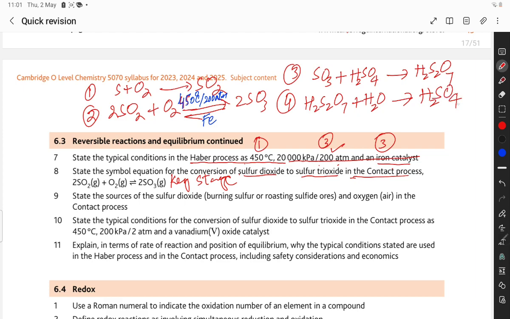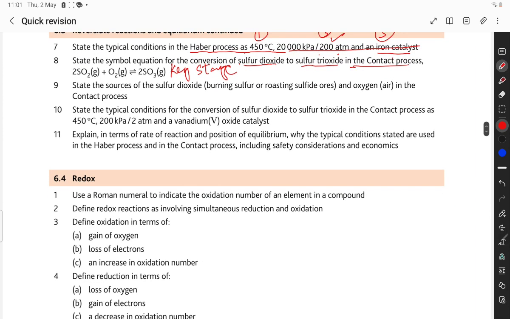Please learn these four equations. This is oleum, OLEUM. Okay.